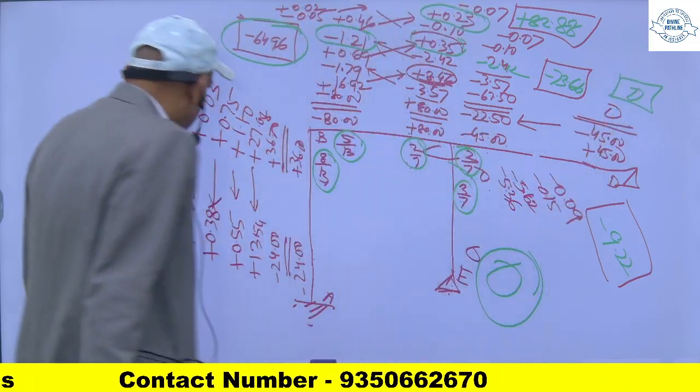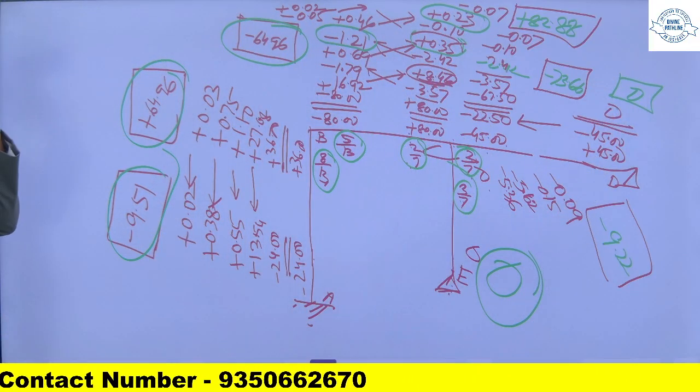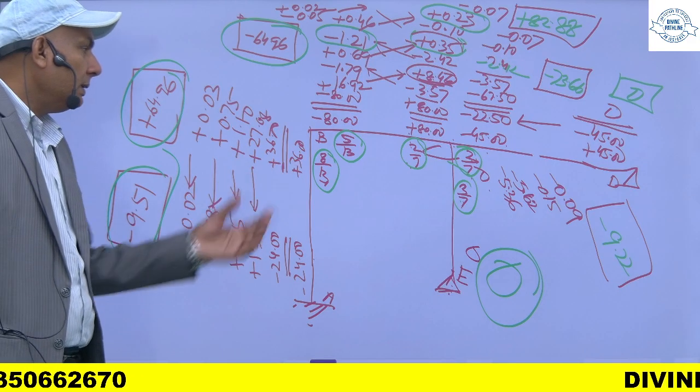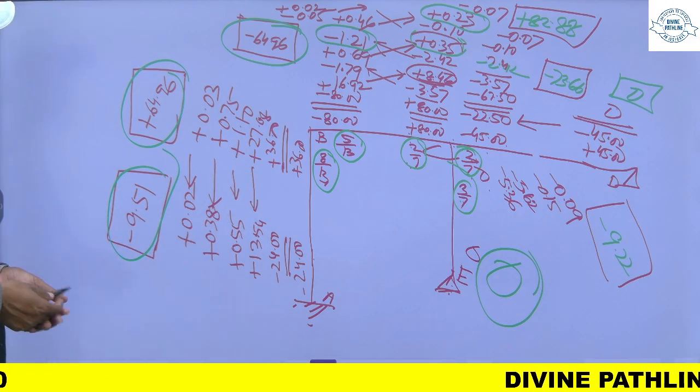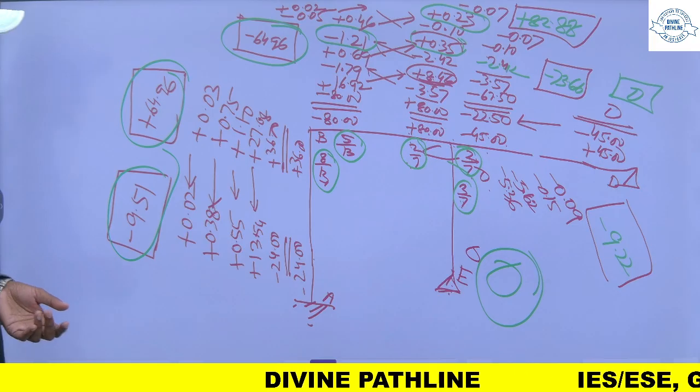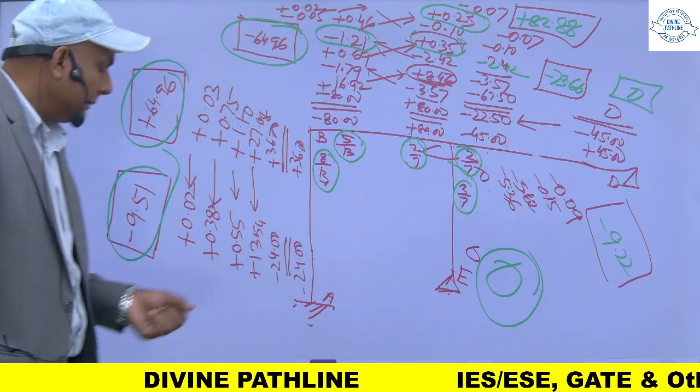So now I have found the total moments at the various joints. So these are my moments. Now my table is complete.